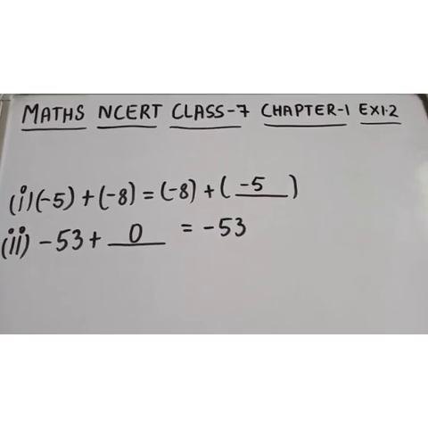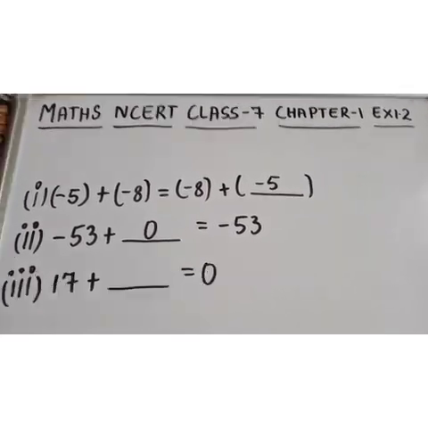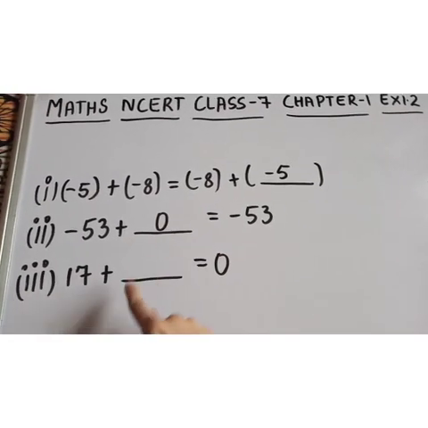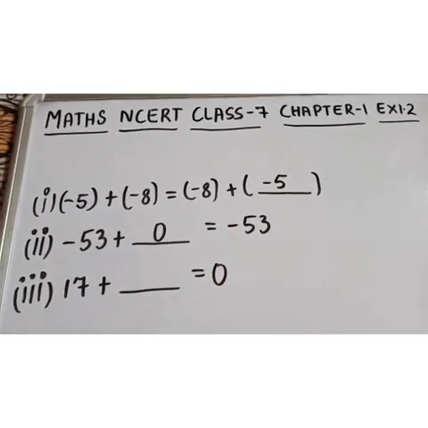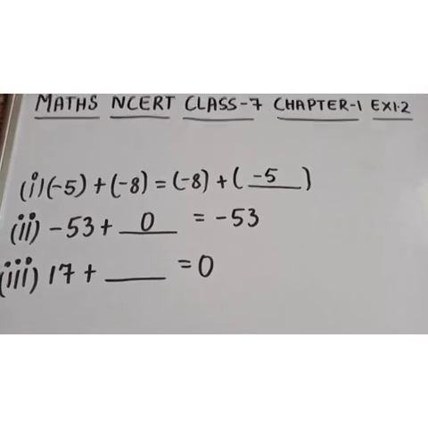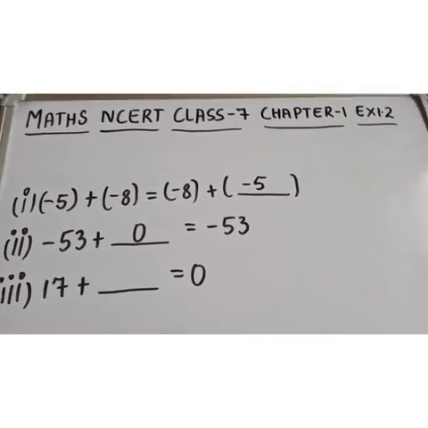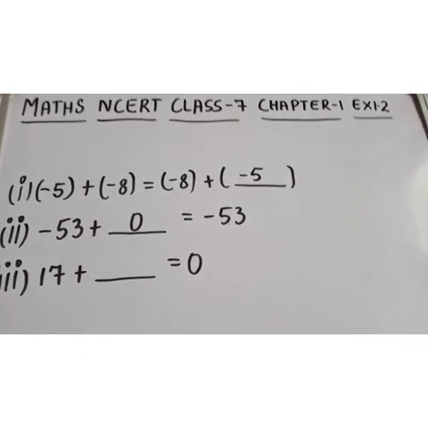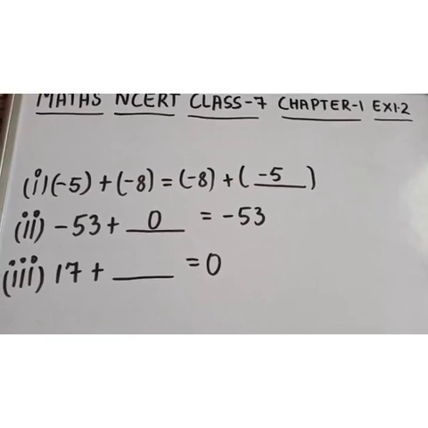Now let's come to the third part. The third part is 17 plus dash equals to 0. Now friends, if you remember, we have done question number 1 of exercise 1.2 C part. Question number 1 C part we have done.